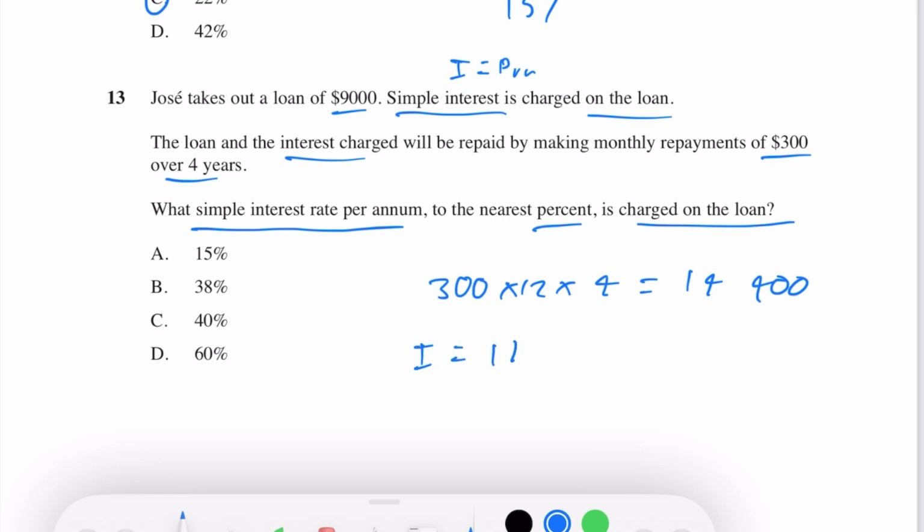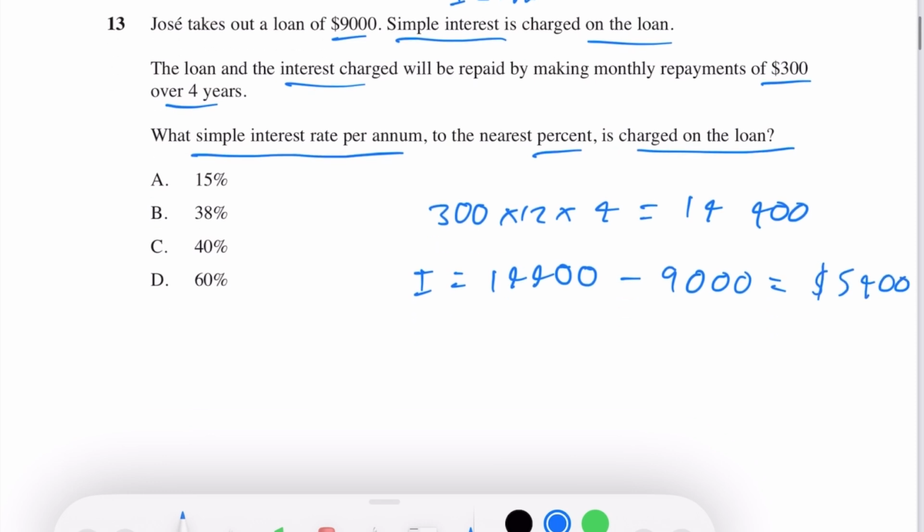But the principal is only $9,000. So the amount of interest he pays is his total repayments minus the principal. And that's going to give us a total interest amount paid of $5,400. So now we can sub that in for I when we use I equals PRN. So 5,400 is going to be equal to his principal amount times by the rate we're trying to solve for. And we want the rate to be in per annum. So we times by the number n, which is the number of years, 4.